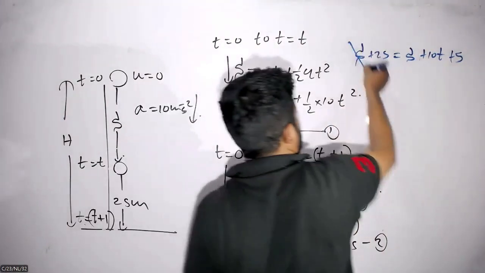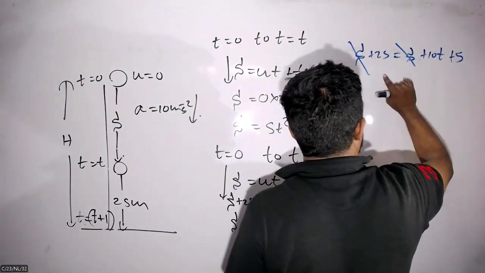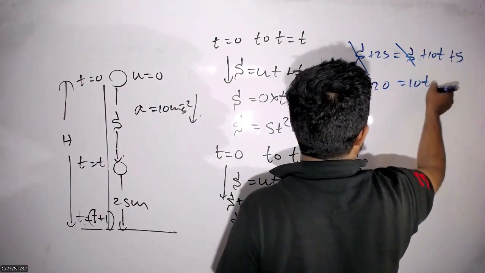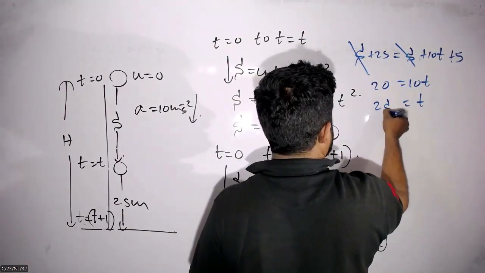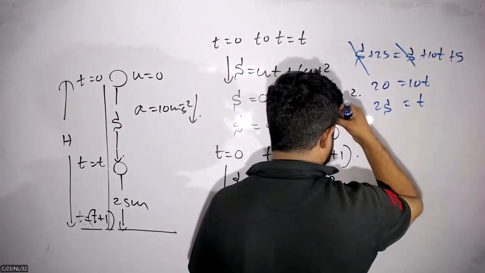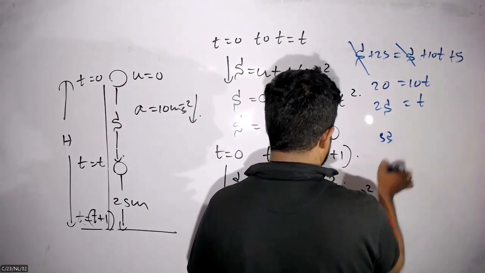Then s and s cancel out. You can bring this term from here to here, then 20 is equal to 10t, t is equal to 2 seconds. Therefore, total time interval is equal to 3 seconds, right?